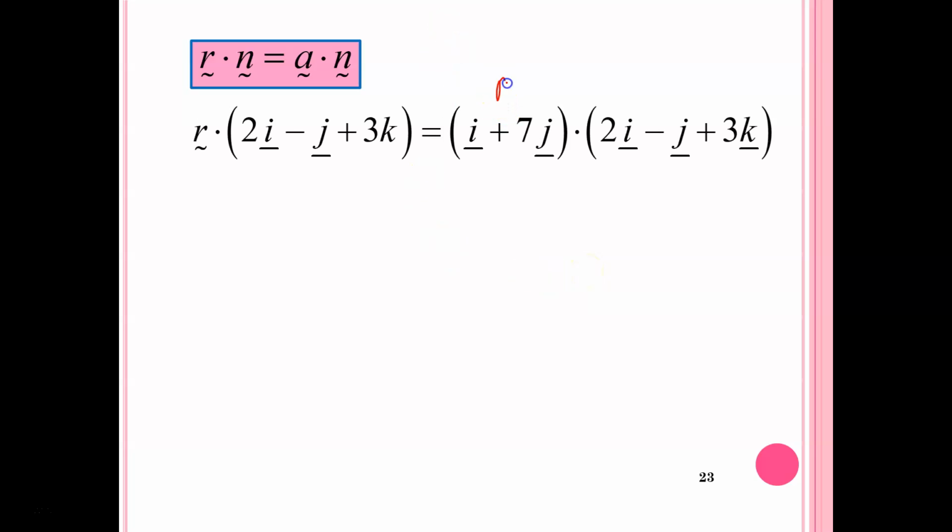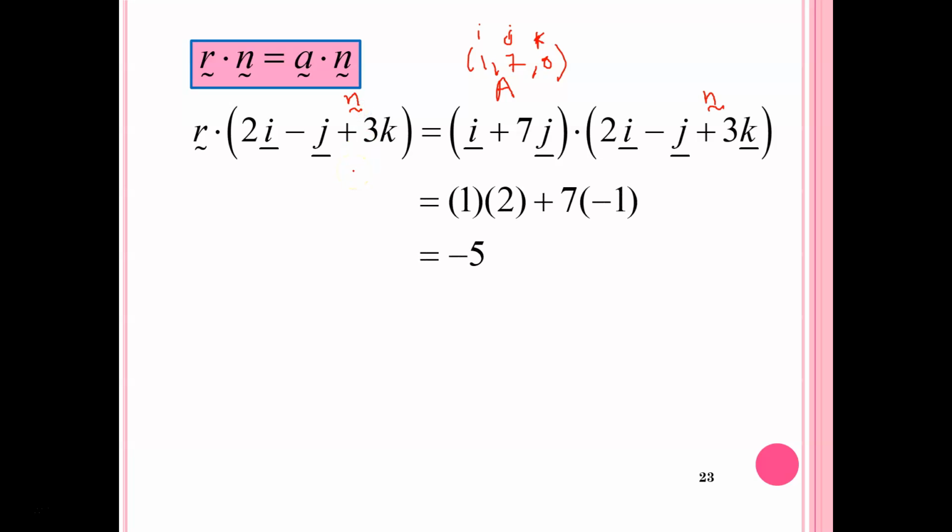There is no k here because this is i, this is j, this is k. The k is equal to 0, that's why you don't have k over here. So you only have i plus 7j. And this is your n.